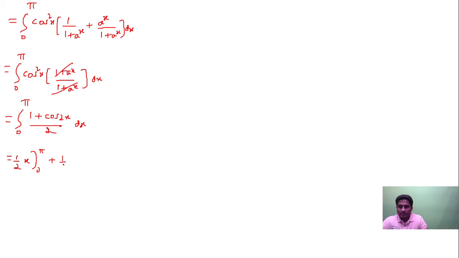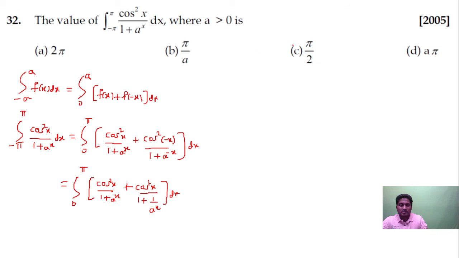Again this is equal to 1 by 2, and integration of cos 2x will be sin 2x upon 2, between the limits 0 to pi. Upper limit minus lower limit, plus 1 upon 4, upper limit is sin 2 pi, lower limit is sin 0. Anyways, this is 0, this is 0. Answer will be equal to pi upon 2. Answer is option C.